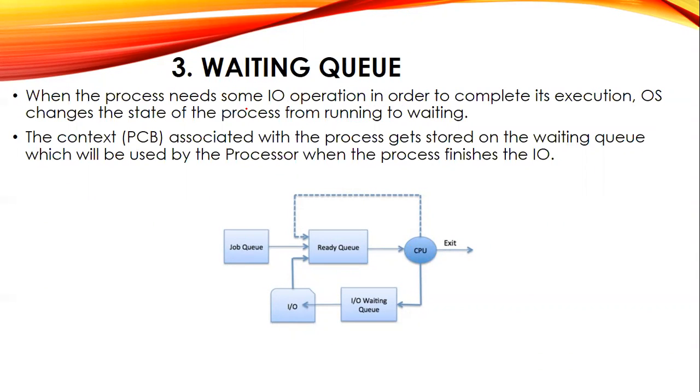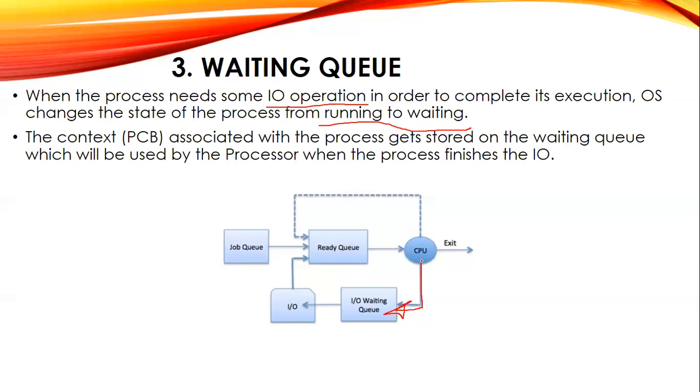When the process needs some input-output operation, it means that maybe a process may never need it, so we are not going to have this situation if it is not needed. Maybe it will execute and finish the execution. But if it needs some input-output operation in order to complete its execution, the operating system changes the state of the process from running to waiting.